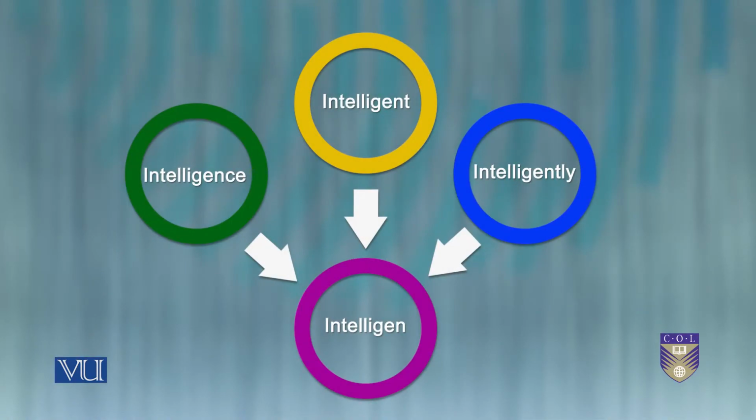From intelligence, intelligent, and intelligently, it will generate the word intellig, because these are the common letters between these 3 words. It will not come out with the root word intelligent. That's the way it works. It will come up with the word intelligent without the T. If it could somehow bring in the T as well, fine, but most of the time it doesn't. So that stem does not have any particular meaning.